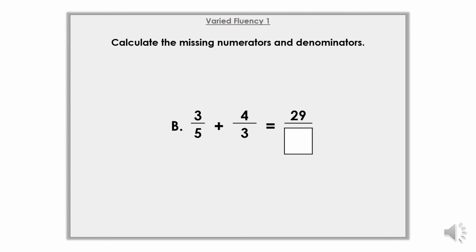So what will they multiply the numerator by? It has to be the same thing, doesn't it? So you might want to check. Then you'll go on to 4/3. If we think the denominator should be 15, what will they multiply 3 by to give us 15? Yeah, they'll multiply it by 5. So do the same to the numerator. Then add up your 2 numerators. If they add up to 29, you've done it correctly.